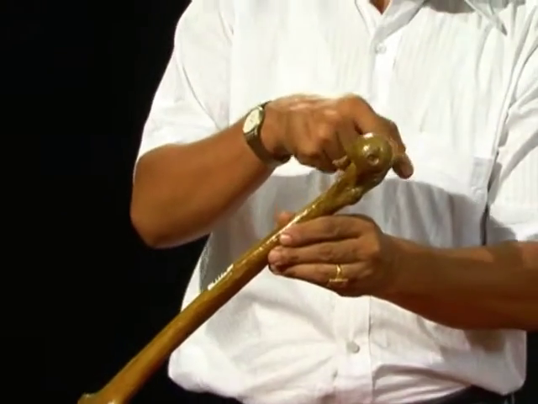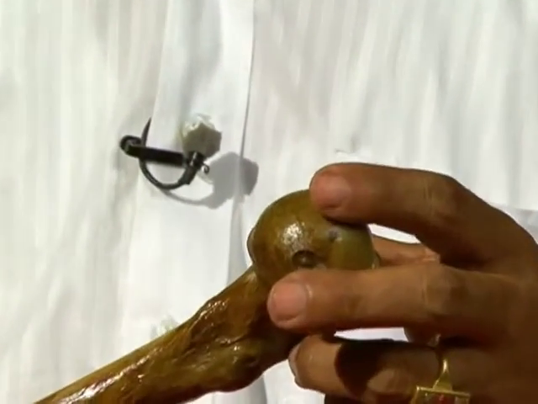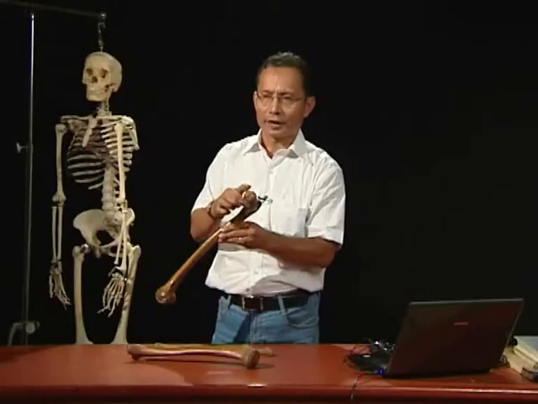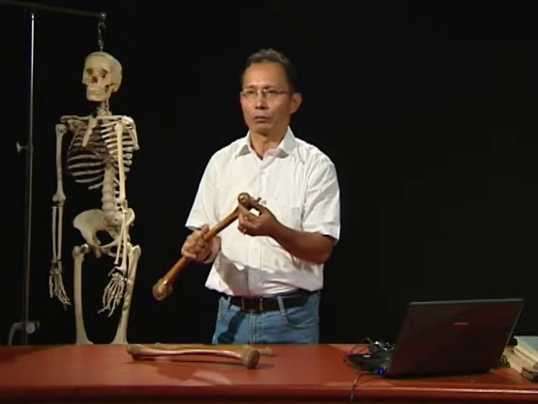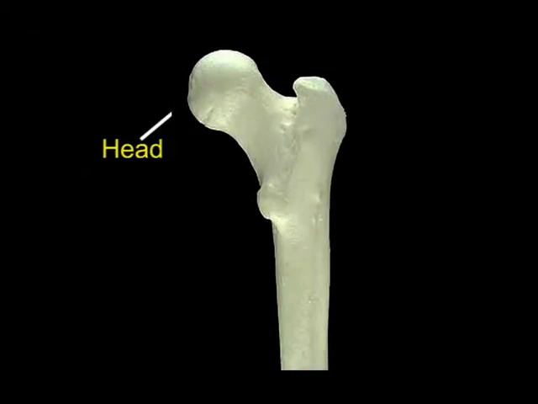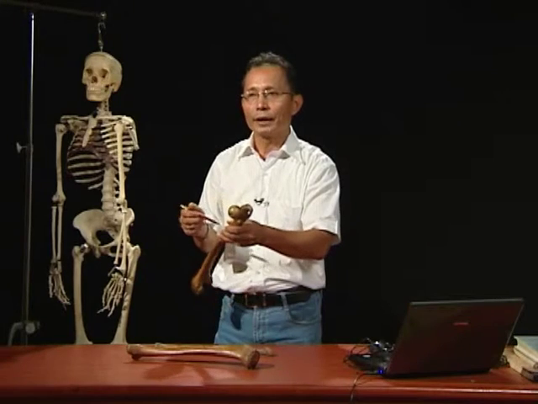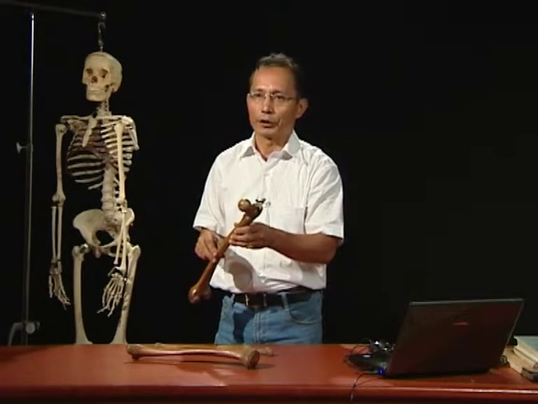The upper part or upper extremity consists of a head which is somewhat spherical but not perfectly spherical. This is the head of femur bone, and this articulates with the acetabulum of pelvis.